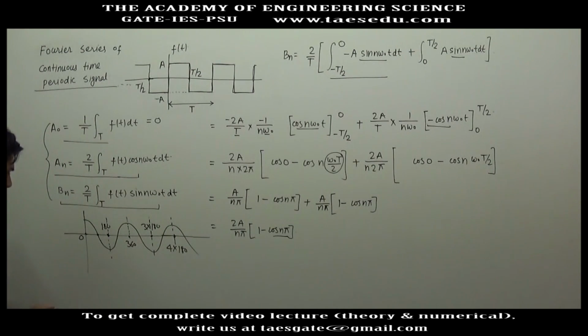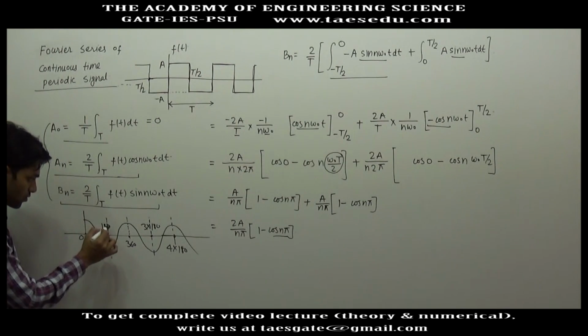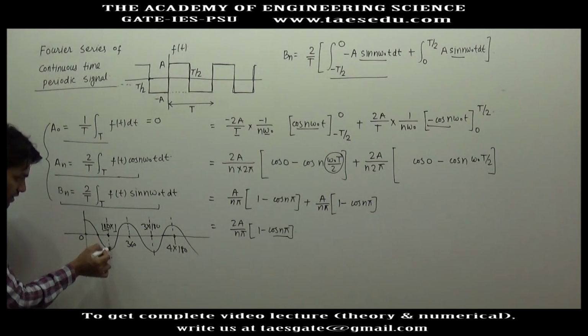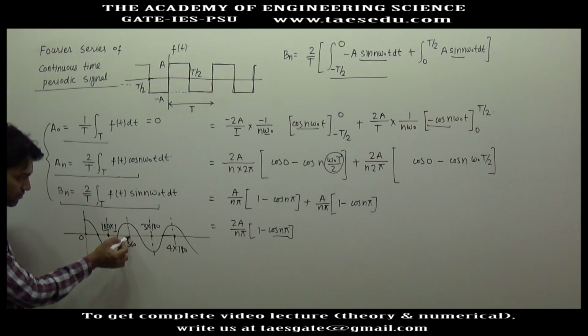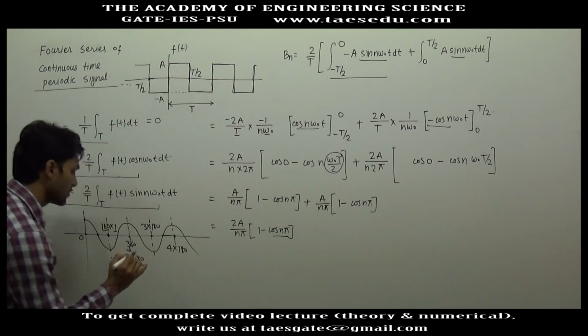So what you are observing here, you have 1 into 180. If you have odd multiple of 180, you will get minus 1. Here at this point you have even multiple of 180.